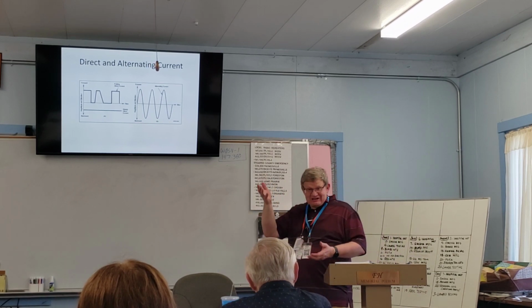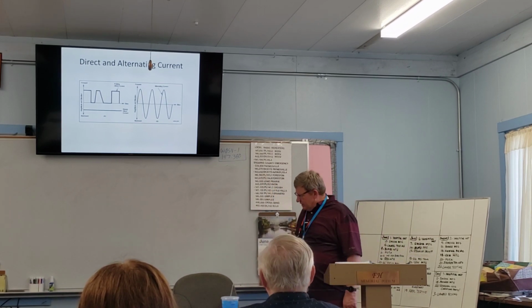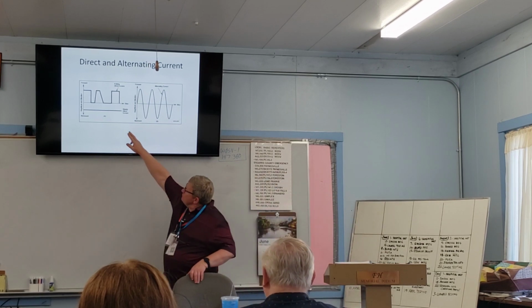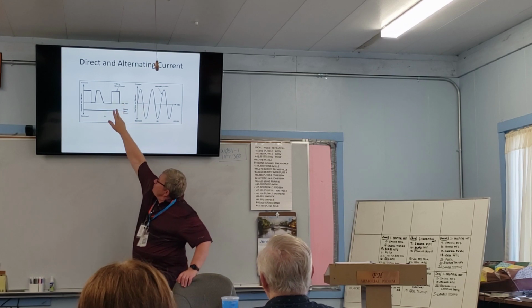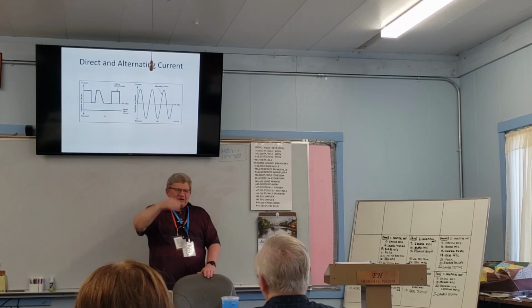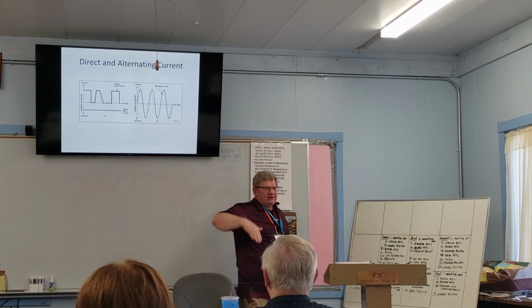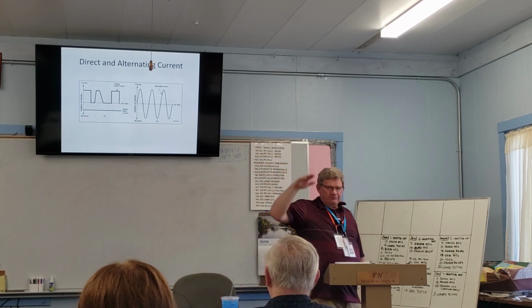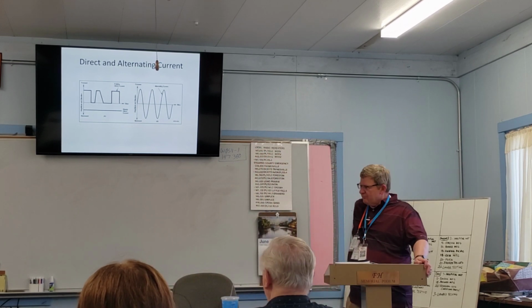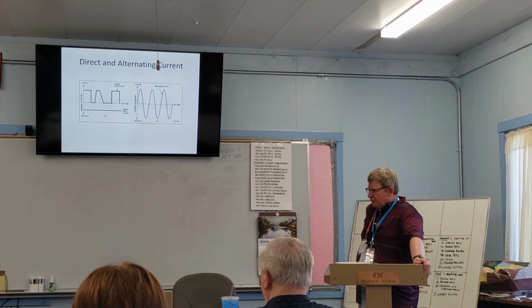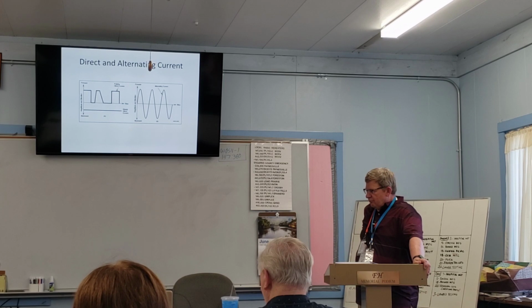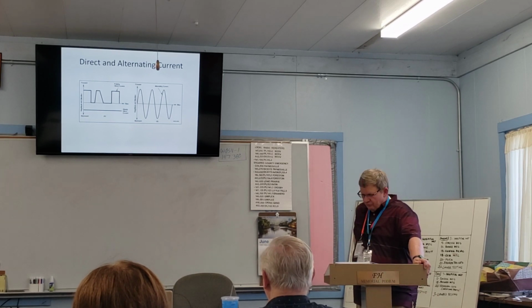You could have some spikes in it, but as you see, it never drops below the line. It might drop to 0, then come back up. Basically, if you hook a battery up to an oscilloscope and zoom in on it, that's the way the signal would actually appear on the oscilloscope.